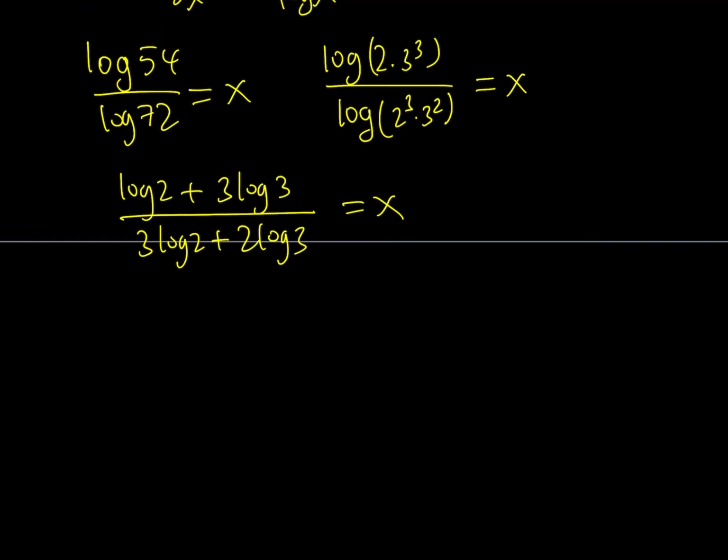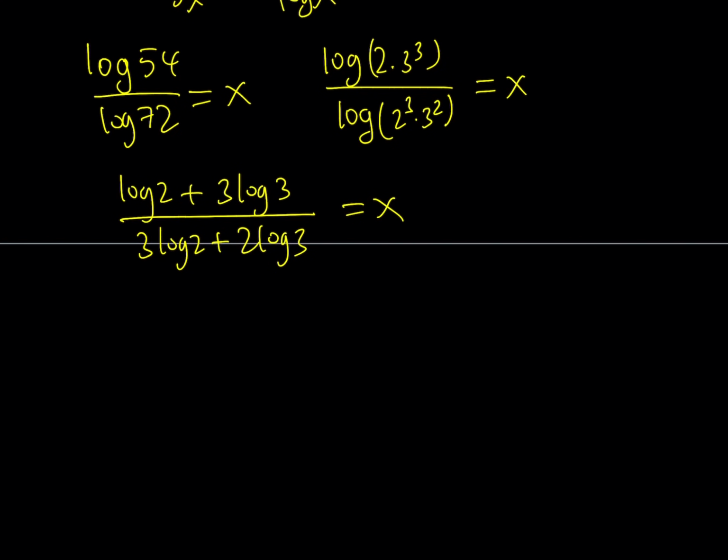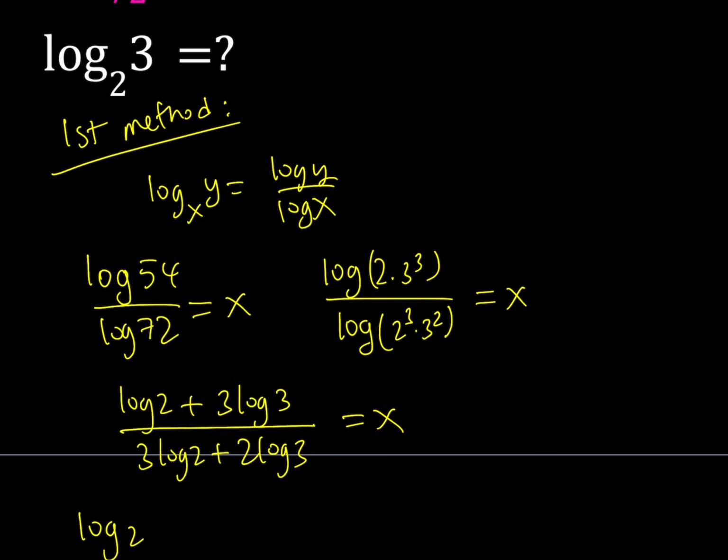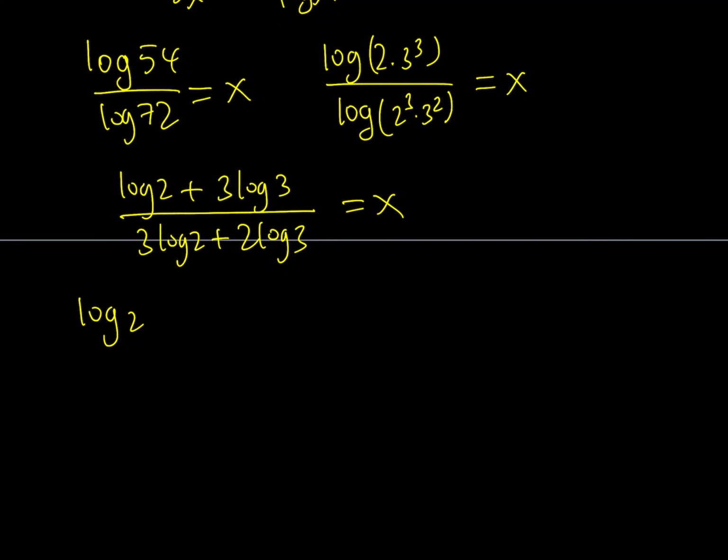Now we're going to go ahead and cross multiply here. My goal is to get log 3 with base 2, and I'm going to get that by using the change of base property backwards. So I can write this as log 2 plus 3 log 3 equals 3 log 2 multiplied by x plus 2 log 3 multiplied by x.